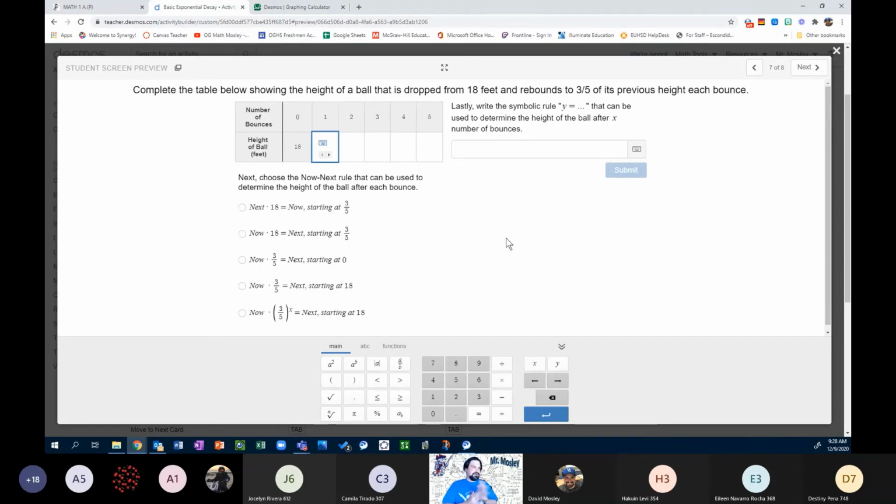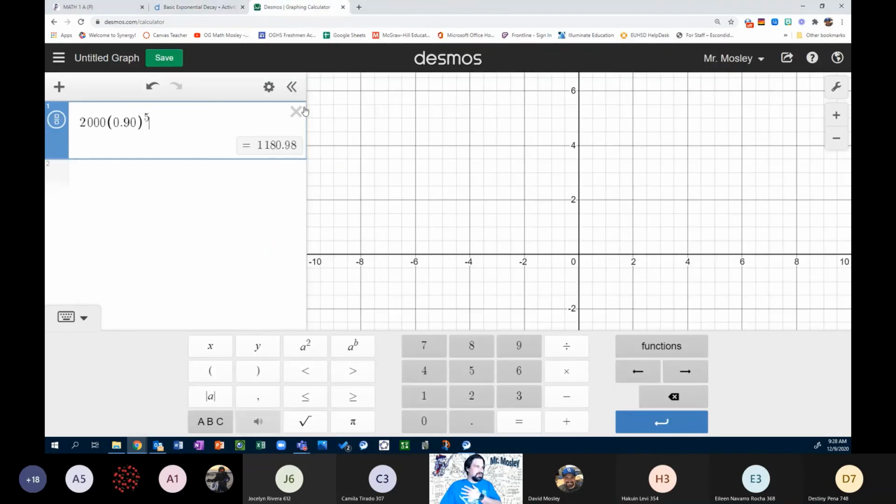All right, so for our table, I'm going to show you the easy way to find these answers. If we go into our Desmos calculator, we put in our function rule, which we just used to create the graph on the previous question. And Hockman did point out that we could use a decimal representation of 0.6. That is the decimal of the fraction 3/5.